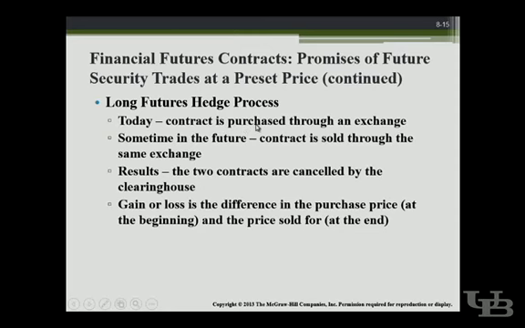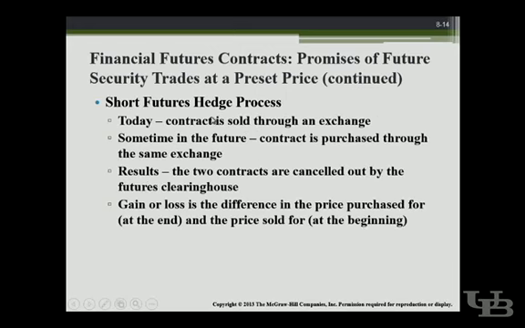In any investment, you buy low, sell high. So please keep in mind, in the long contract, the first step is to buy, the next step is to sell. In the short hedge, the first step is to sell, and the second step is to buy, just the opposite.